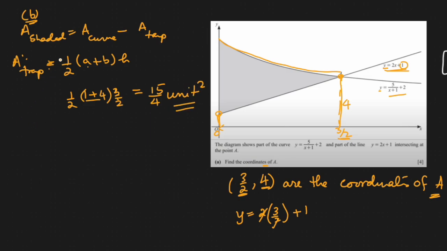Now, for the area under the curve, we have to integrate from 0 till 3 over 2 the curve, which is 5 over x plus 1, plus 2.